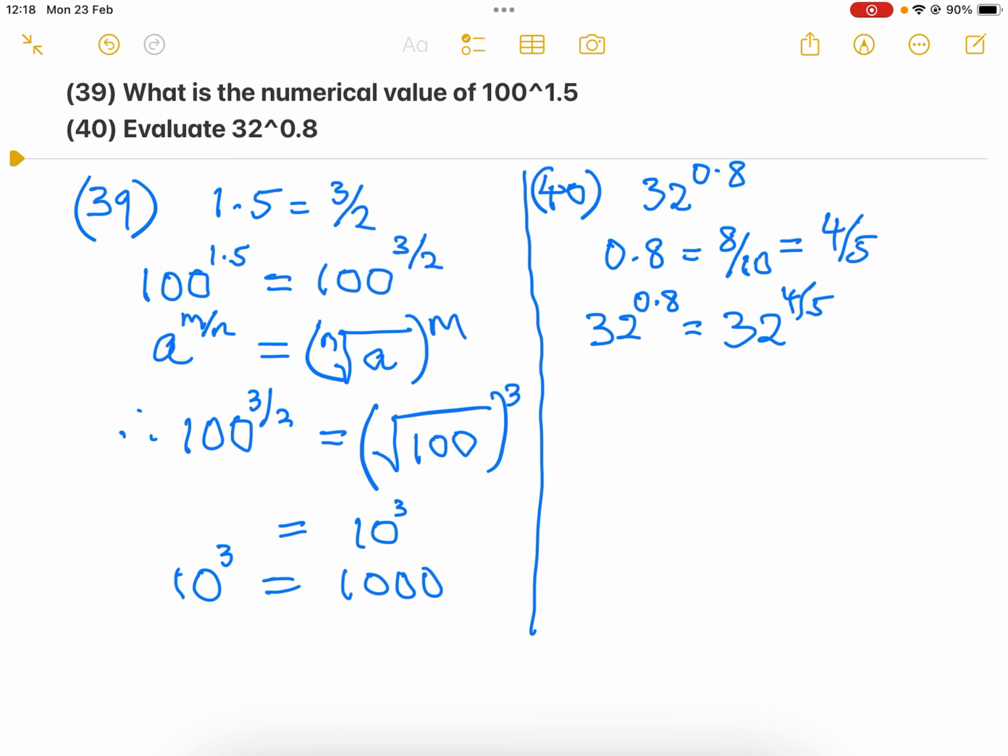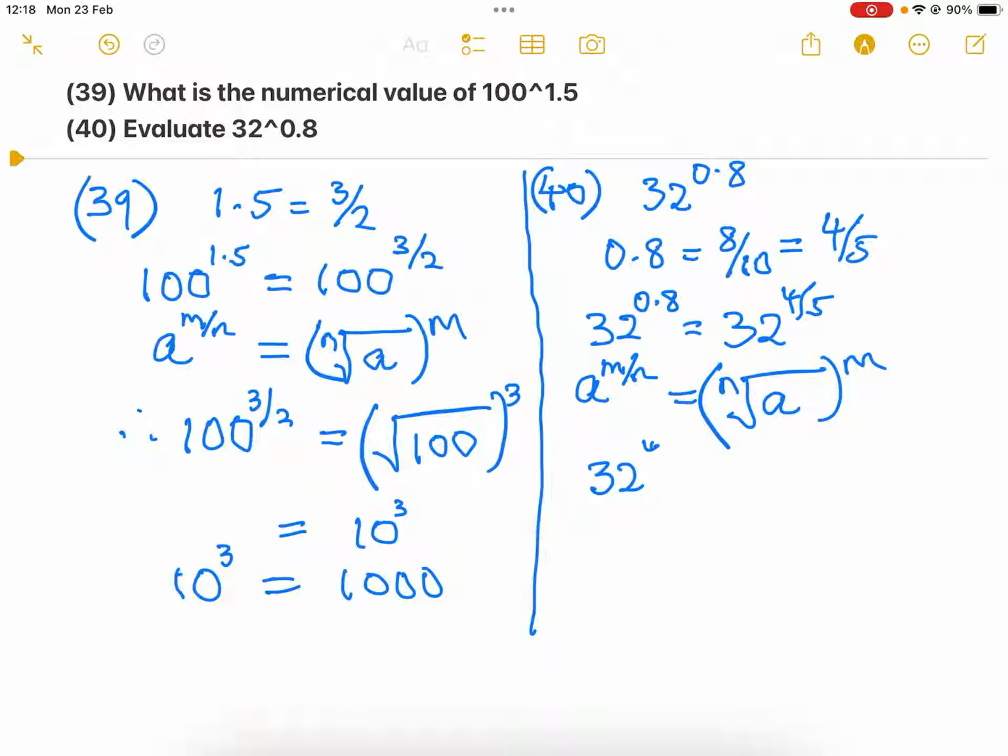And the next step to take is to apply the fractional index law. I remind you of the fractional index law again. A raised to power m over n is equal to the nth root of a raised to power m.